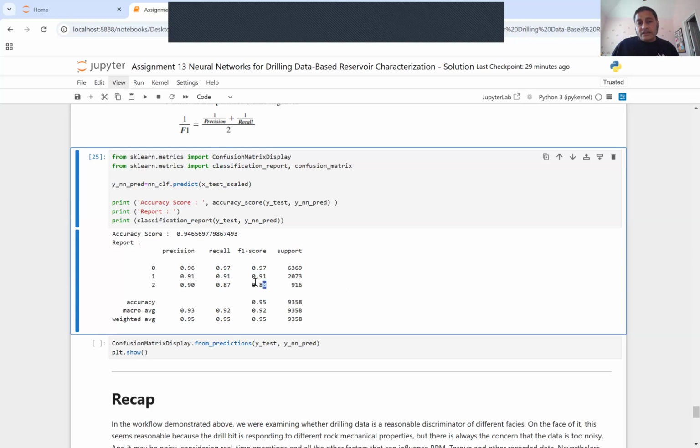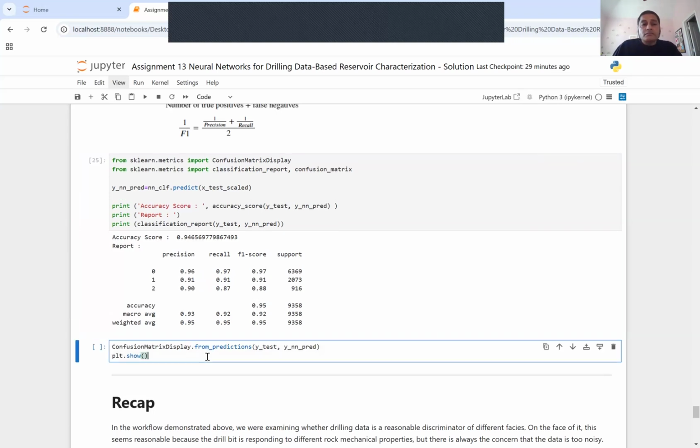And I have relatively high F1 scores, which means that my precision and my recall associated with the identification of label 0 is high. The precision and recall associated with the identification of label 1 is high, and the precision and recall associated with the classification of label 2 is also high.